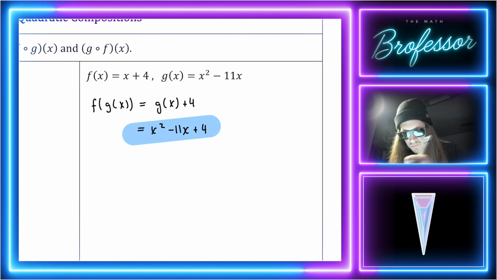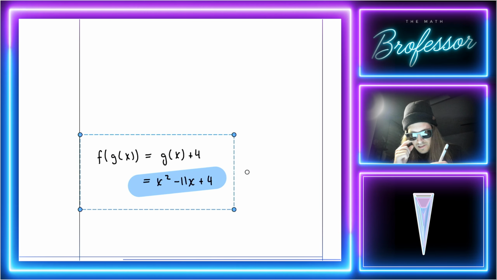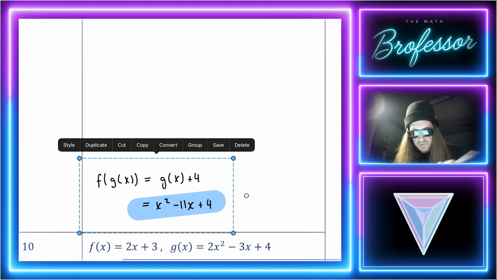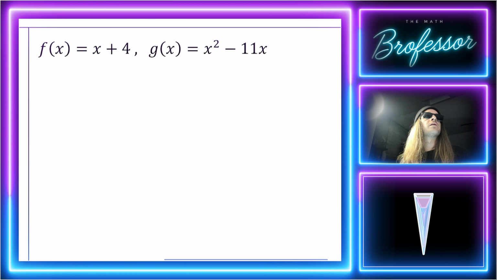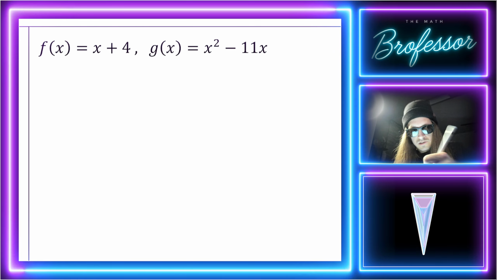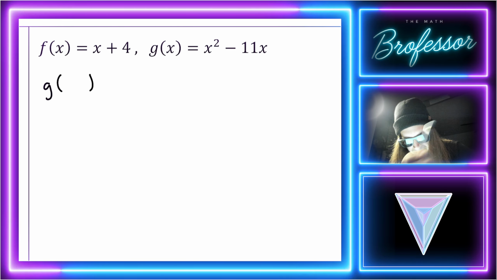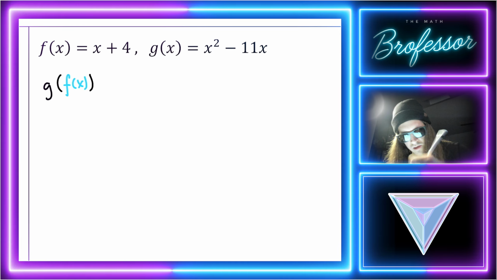All right, now the fun one. Yes, okay. This one is going to require a lot of algebra here, a lot of algebra coming your way. So we want g of f of x, g of f of x. Everywhere there's an x in the g, you need to put an f.